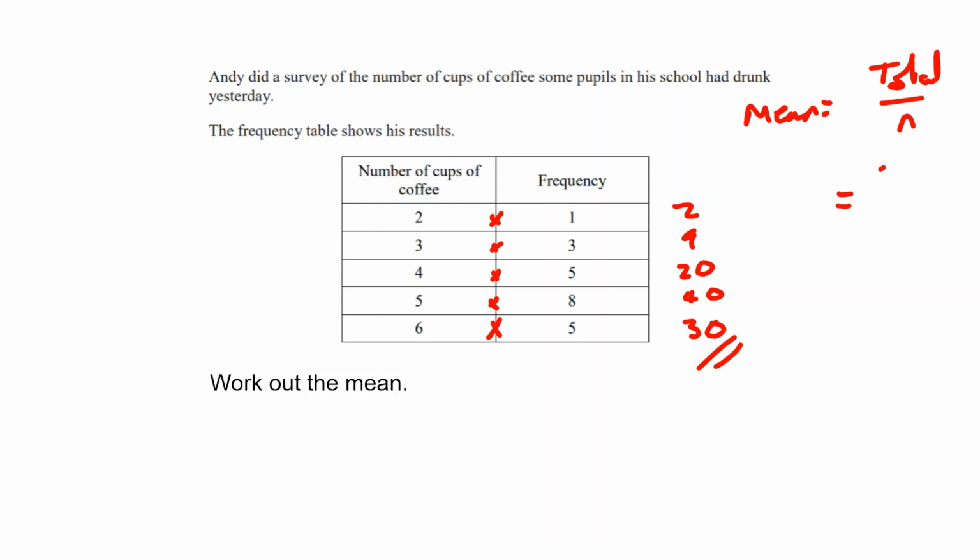Sometimes you might see this written as your frequency multiplied by your x and summing those up. So you've got your x, you've got your frequency divided by n. So this would technically be sum of f of x, this value down here. So 2 plus 9 plus 20 plus 40 plus 30 is going to give us 101.